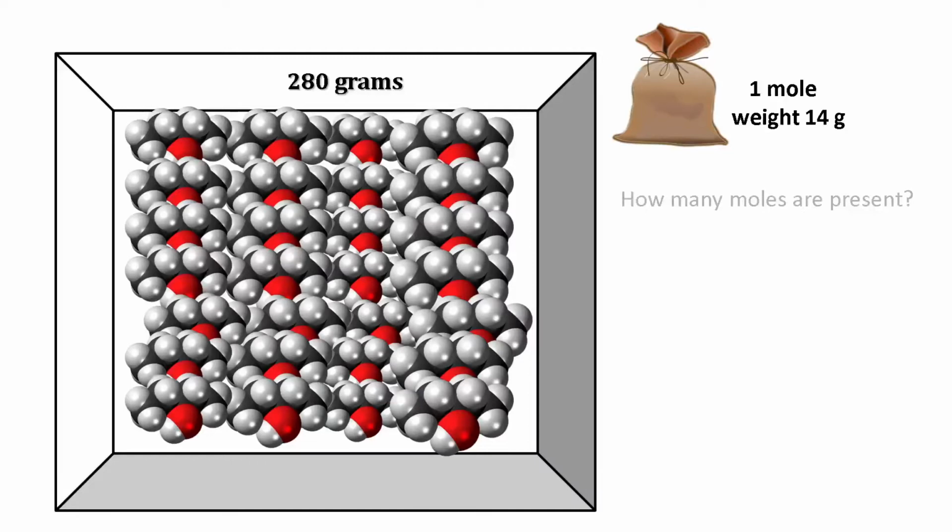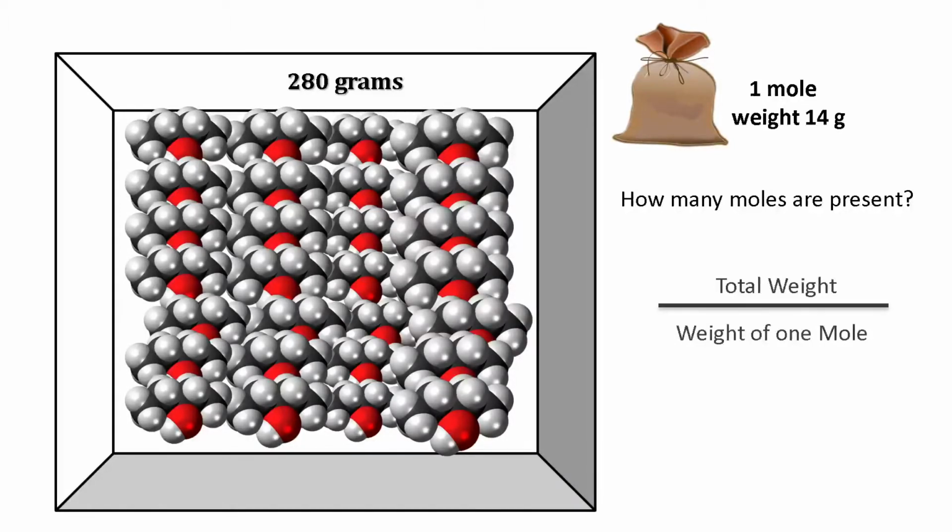Now we need to find out how many moles are present in this basket. We use the formula to find the number of moles, which is the total weight divided by the weight of 1 mole. The total weight is 280 grams.